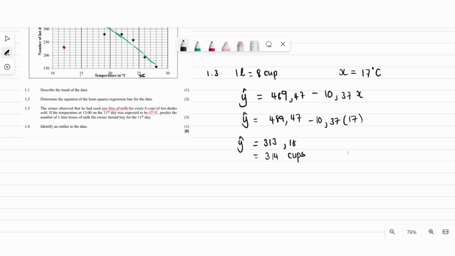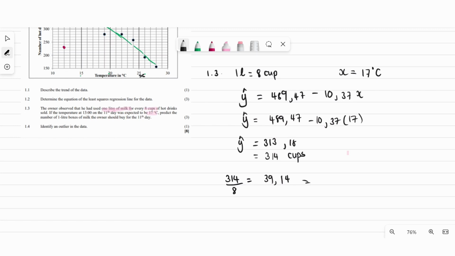So now what do we want? We want the amount of milk that was used, in liters. We know that 1 liter is equal to 8 cups, so we're going to take the 314 cups and divide it by 8 to find how many liters. That gives us 39.14. So we're going to round it up.